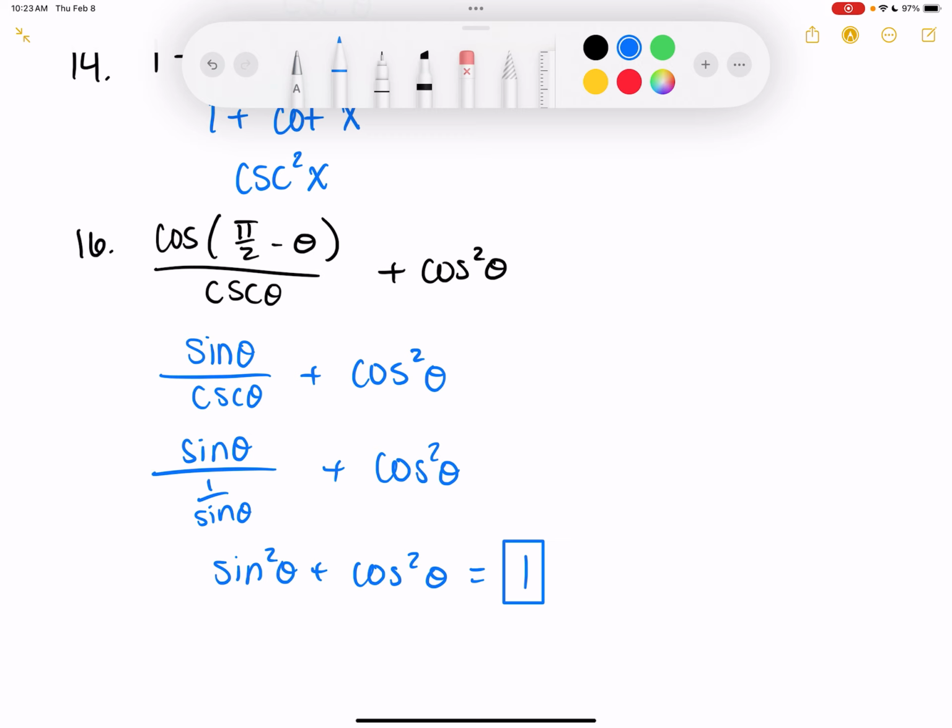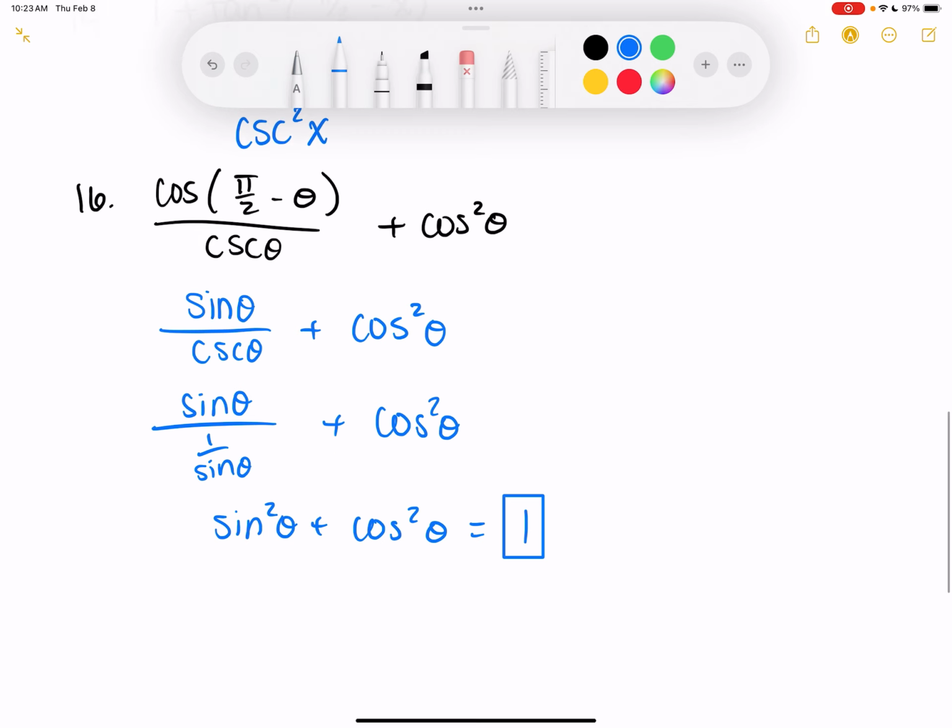So the more you use them, the more you'll start to see what you should use, okay? But right now it's a lot of trial and error, if you will, because you're trying to figure out how do I rewrite these things to best help me reduce it. We're trying to simplify this as much as possible. So we're trying to get one expression, like just sine of x or just 1 or just 0 or whatever it might be.